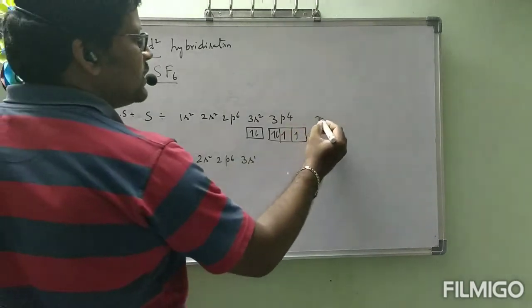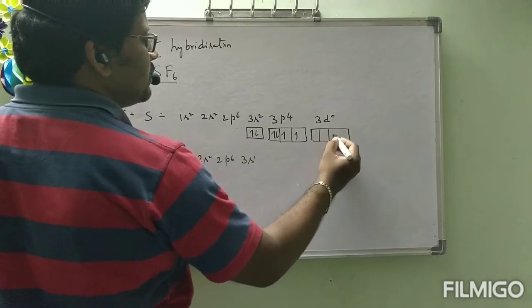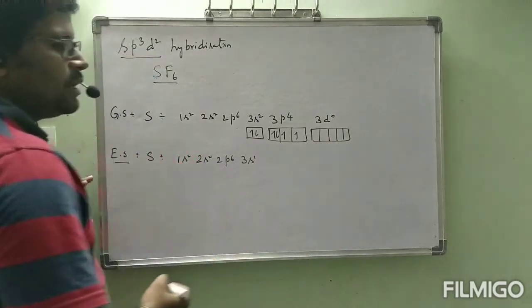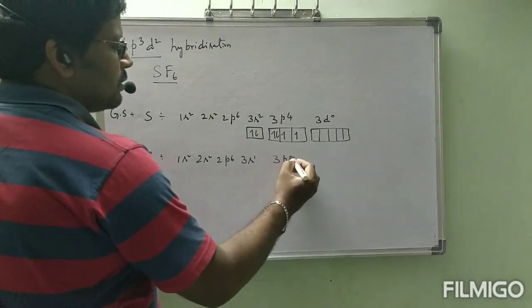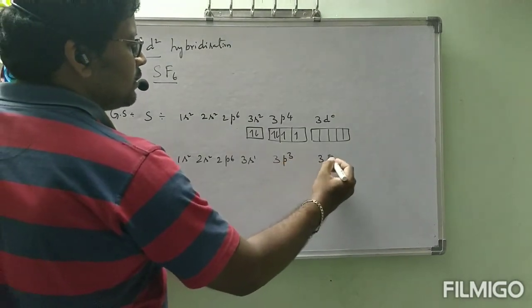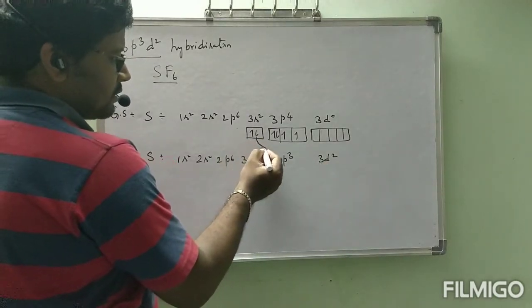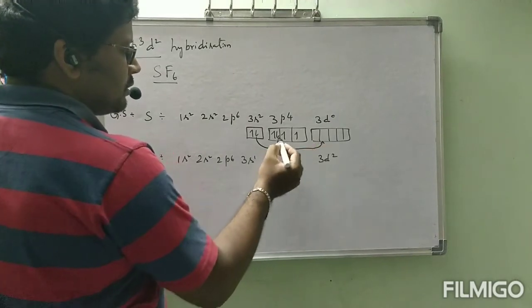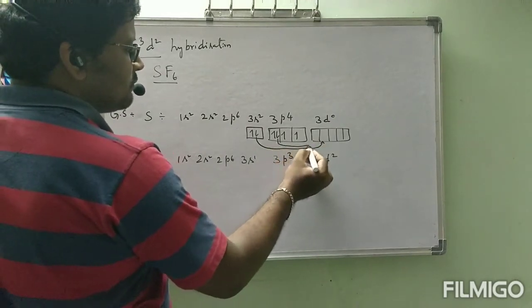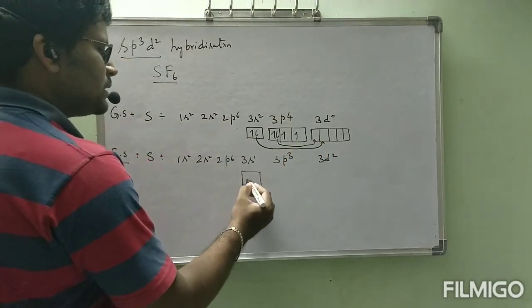Here we have empty 3d orbitals, like in phosphorus. We take 3s1, 3p3, 3d2. One electron from the s orbital and one electron from the p orbital will be excited like this.